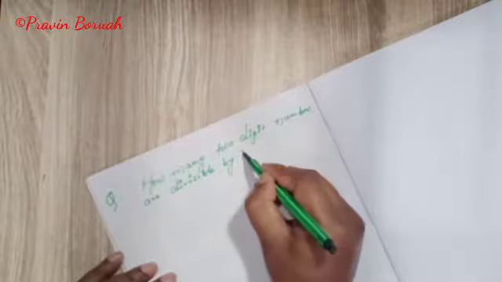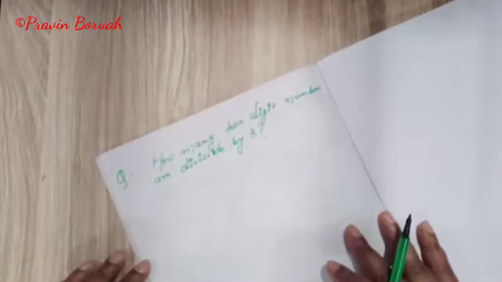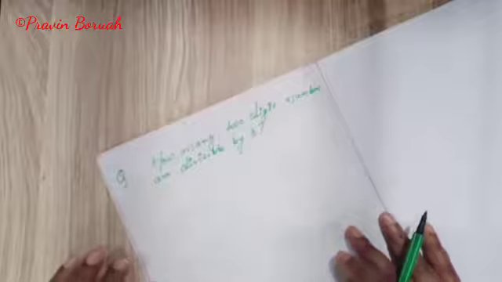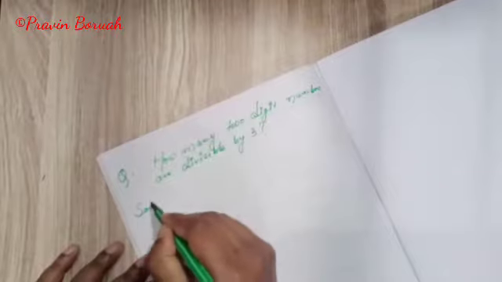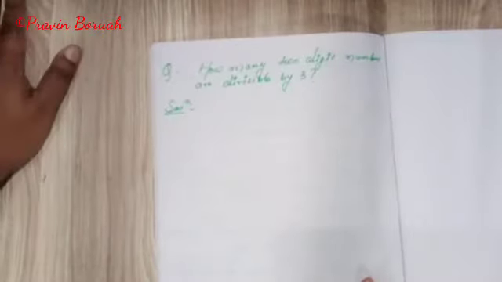Very interesting question. Many times this type of question was asked in NTSE and NMMS examinations. If you know this chapter clearly, you can solve this type of problem very easily. So let us try to do this one. Now the question is, how many two-digit numbers are divisible by 3?